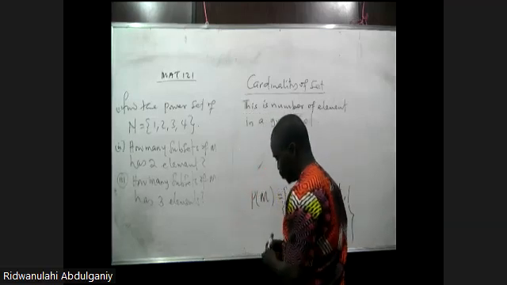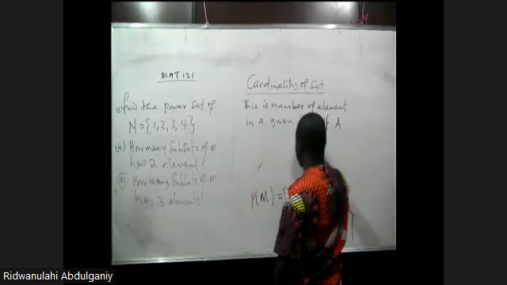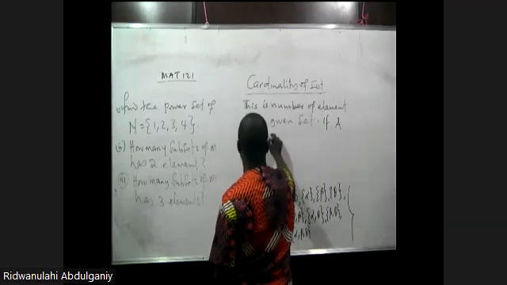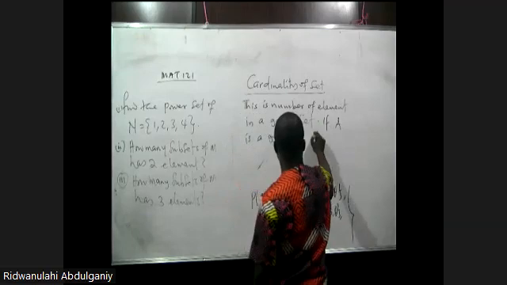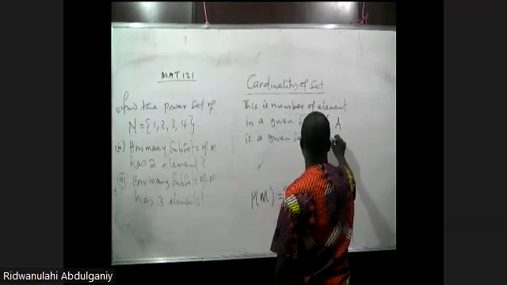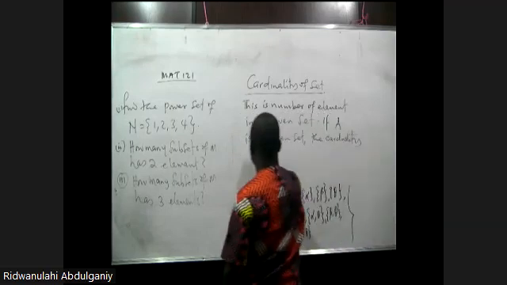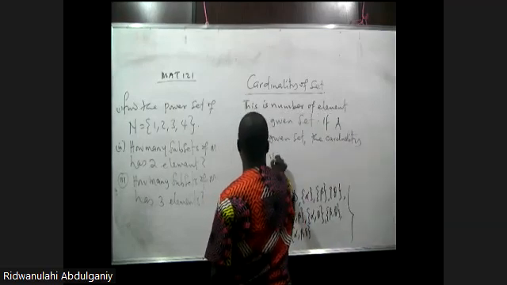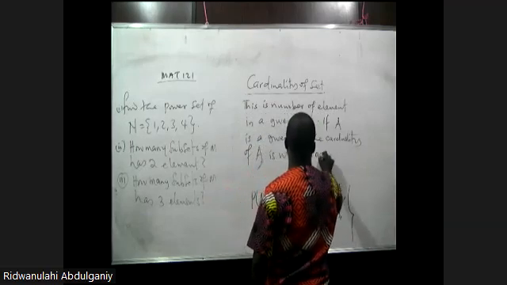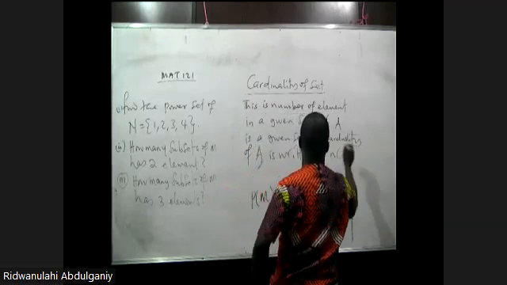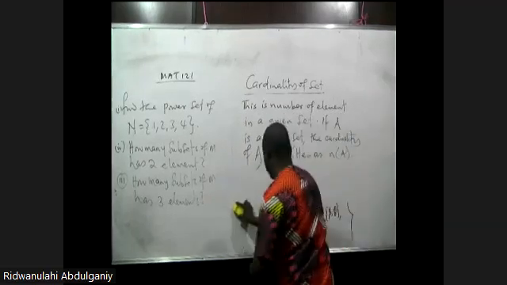If A is a given set, the cardinality of A is written as n of A. So that's just the number of elements in a given set.